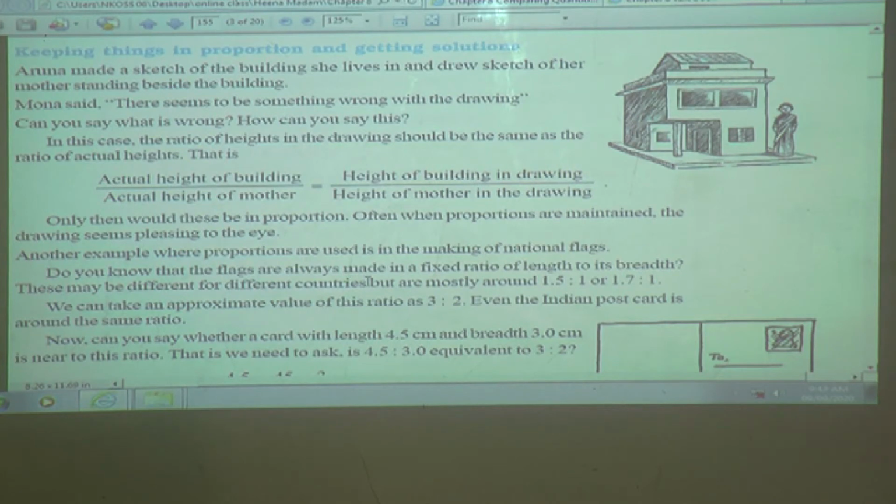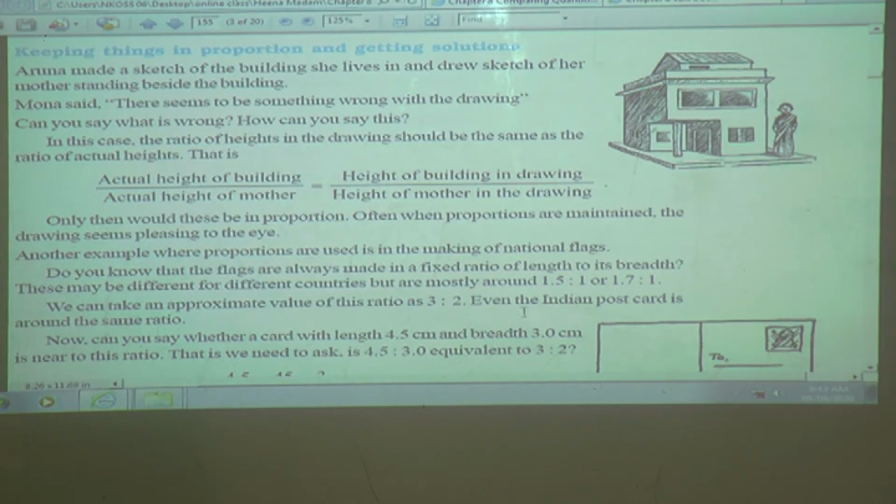According to that only they have to stitch a national flag. Our national flag is about 1.5:1 or 1.7:1. This is the size of a national flag given in the form of a ratio. So we can take an approximate value of this ratio as 3:2.